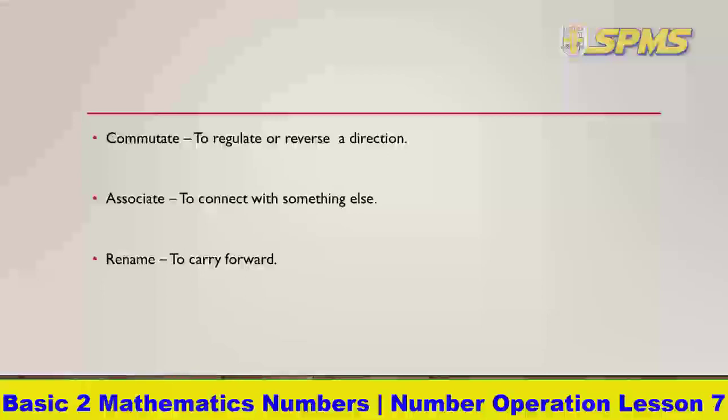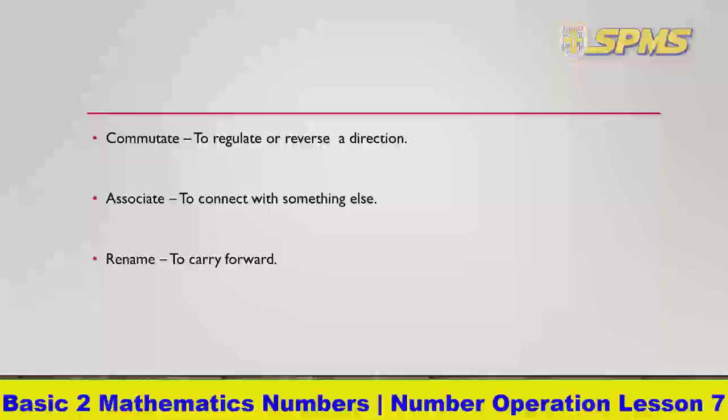We have our first keyword, commutative. Let's spell the word: C-O-M-M-U-T-A-T-E.